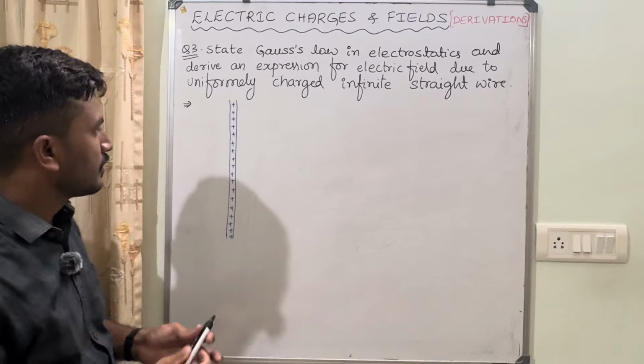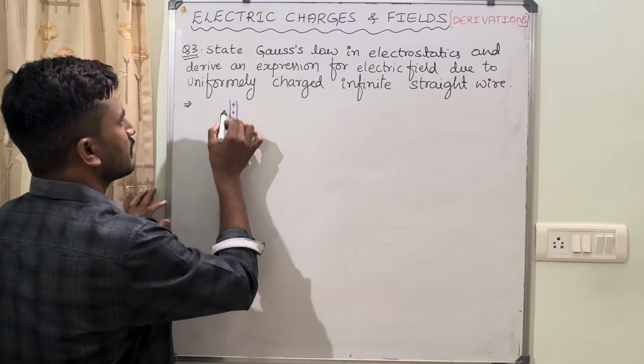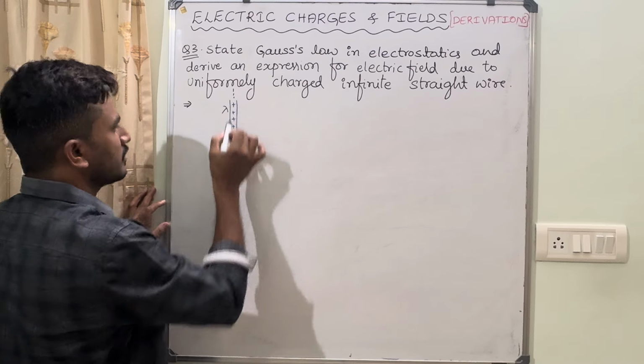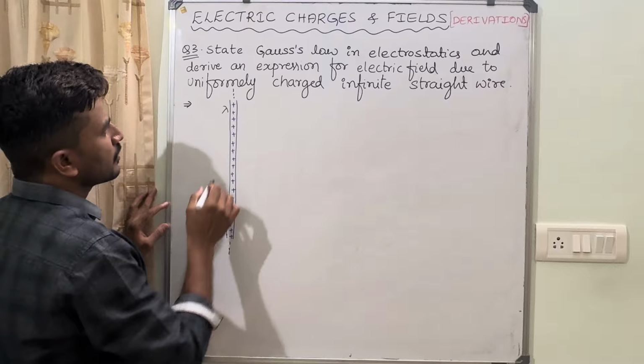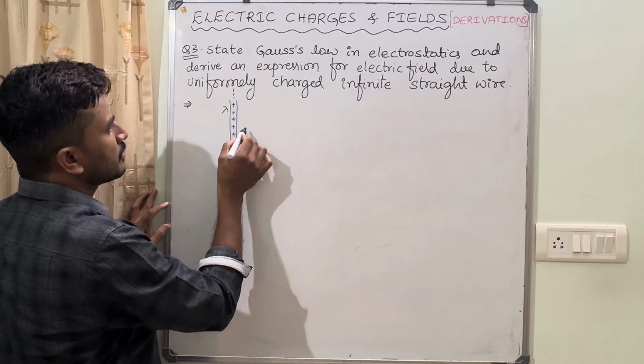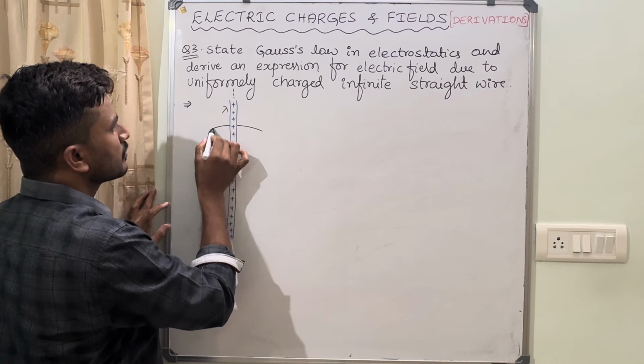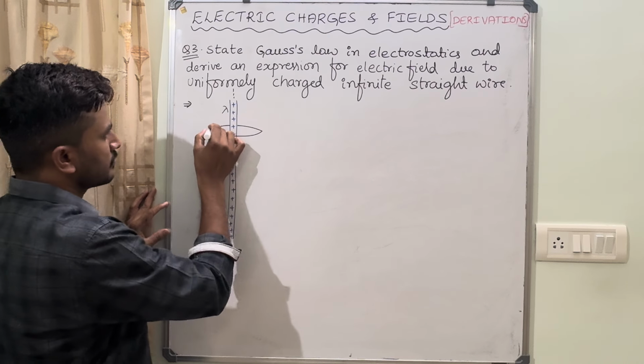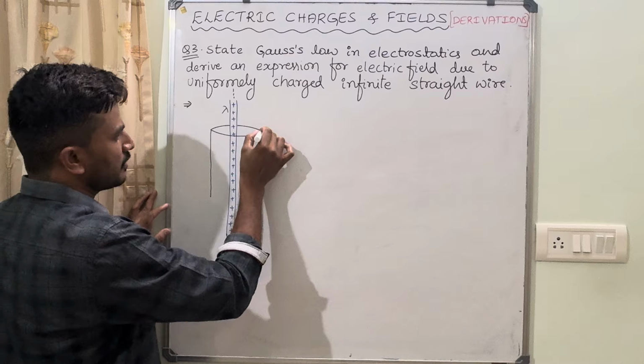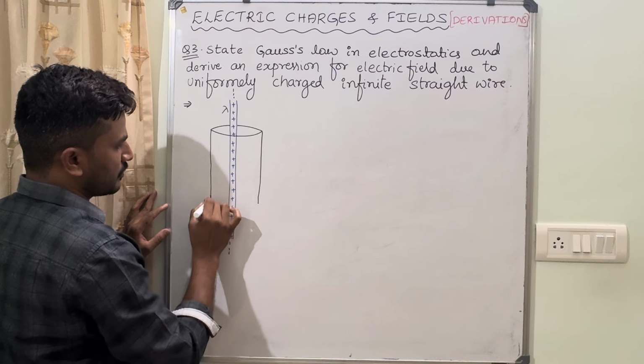Okay. Now this is the linear charge density extending till infinity, and I will consider a Gaussian surface around it, a cylindrical Gaussian surface.